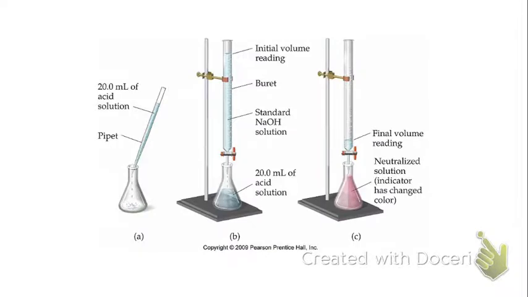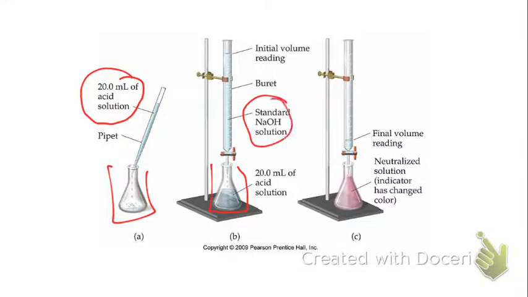All right, so this is again the setup. Our flask here, we're going to pipette 20 milliliters of the acid into our flask. We're going to put the base, sodium hydroxide, into our burette. We're going to read the initial volume of the burette so we know how much base is in there. And then we're going to begin to add base into the acid solution.